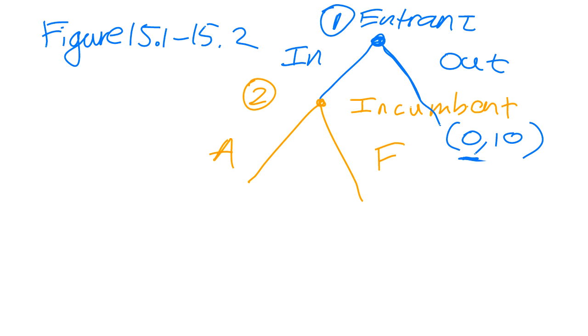Now, if the entrant decides to go into the industry, then the incumbent decides what to do. Either they're going to accommodate or they're going to fight, and so the payoffs will differ. If they fight, the payoffs are given as -5, -5. That means they both get the same thing, which is negative.